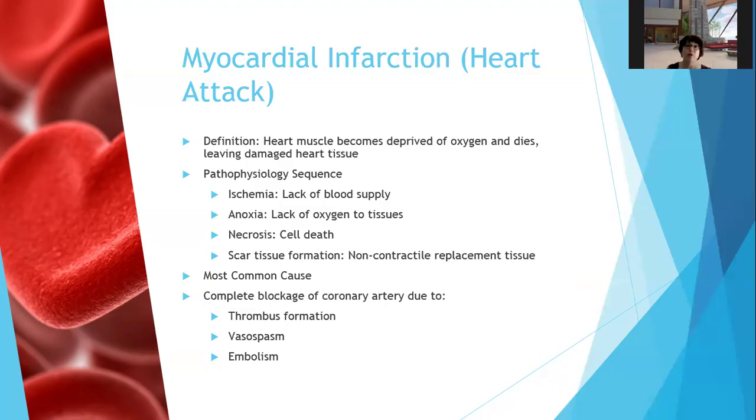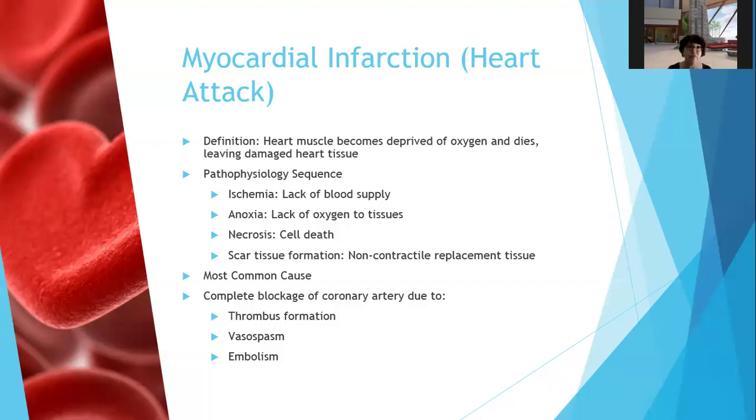So the most common cause of myocardial infarction is complete blockage of a coronary artery due to thrombus formation, a vasospasm, or an embolism. An embolism is a traveling thrombus, where the thrombus decides to take its talents on the road. So just like with an ischemic stroke, the embolism is going to travel until it gets to a small enough artery that it can block the whole thing.